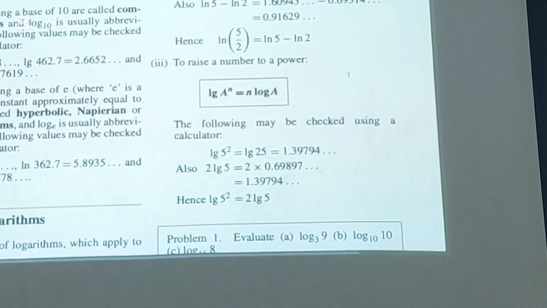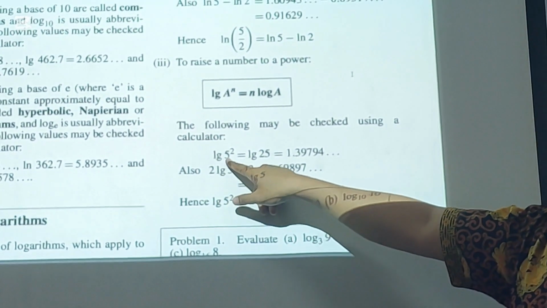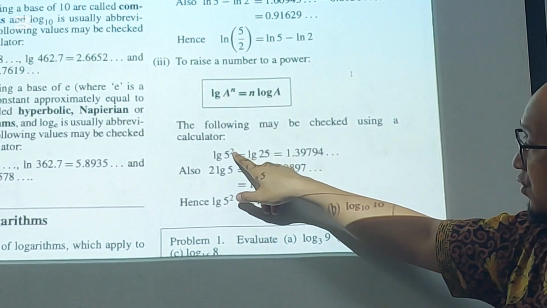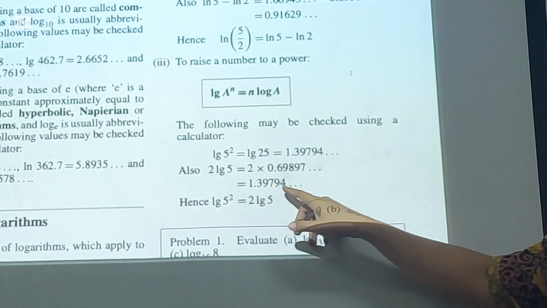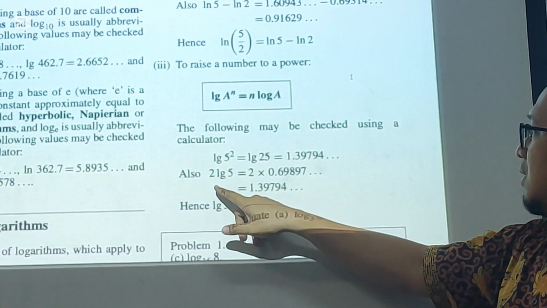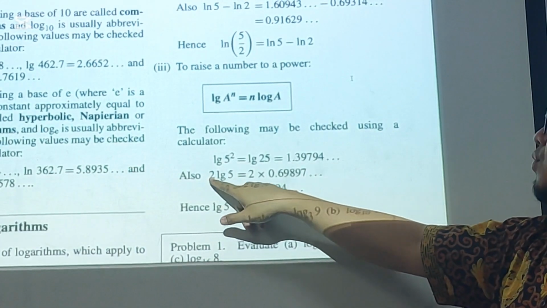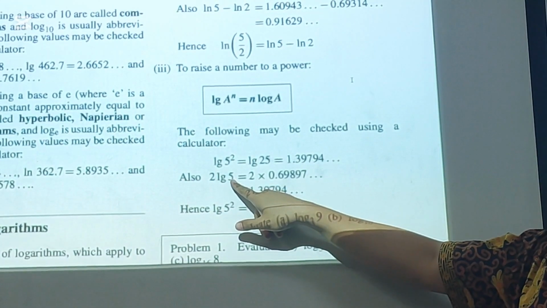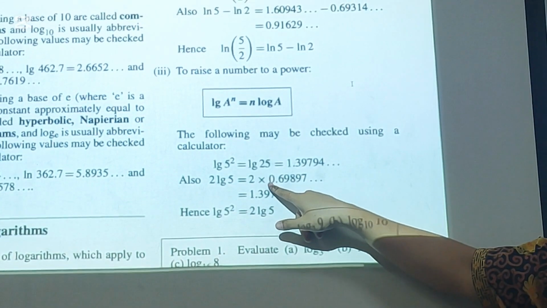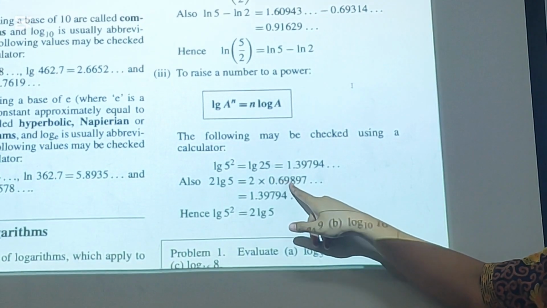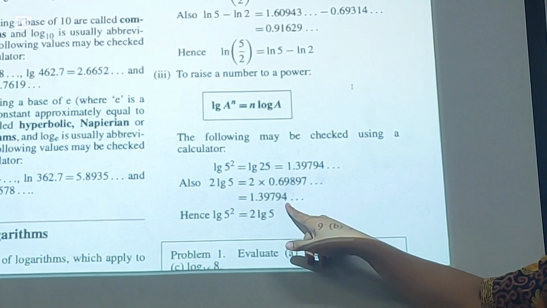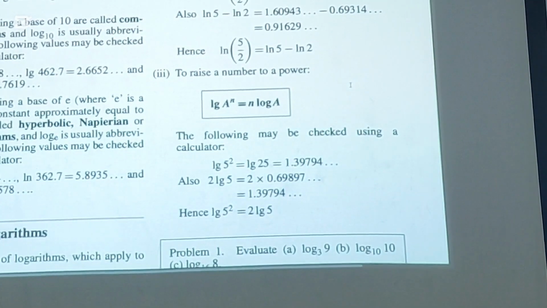For example, ln 5 powered by 2, you can change 2 as a constant. So it will be 2 multiplied by ln 5. 2 multiplied by ln 5 will be equal to 0.69 something and will be equal to 1.39.